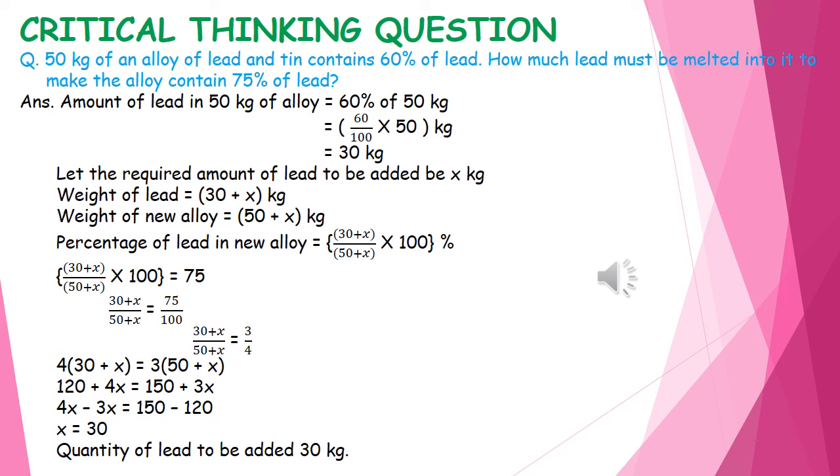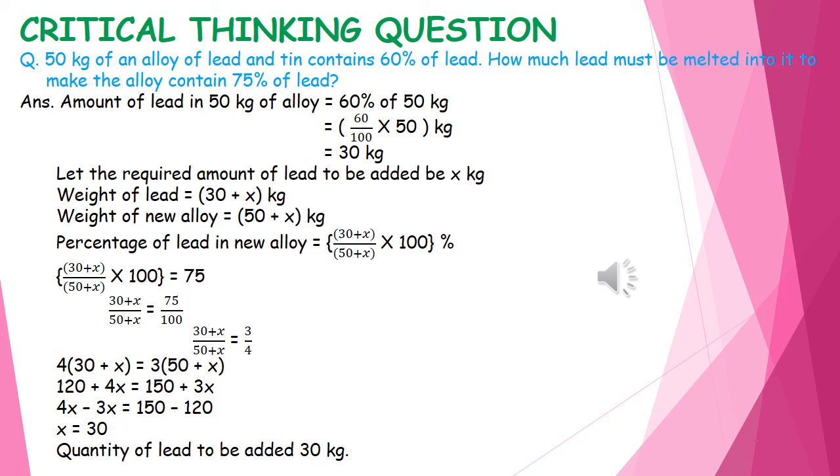By cross multiplying, we are getting 30 plus x divided by 50 plus x is equal to 75 by 100. After reduction, 30 plus x divided by 50 plus x is equal to 3 by 4. Now 4 into 30 plus x is equal to 3 into 50 plus x.